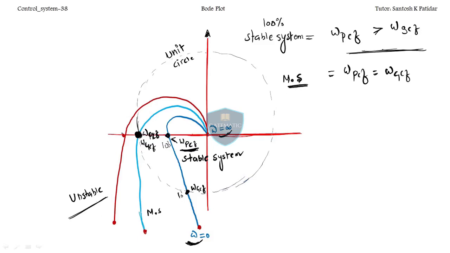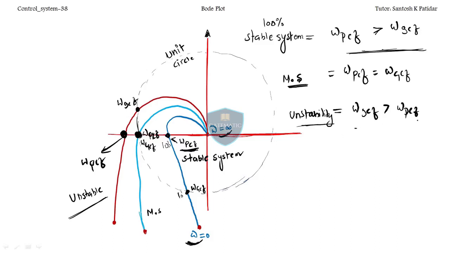Now if I say this is the unstable system, let's find out the frequencies for this. This is omega PCF, and this is omega GCF. So in this case, omega GCF is greater than omega PCF, and this is the condition for instability.